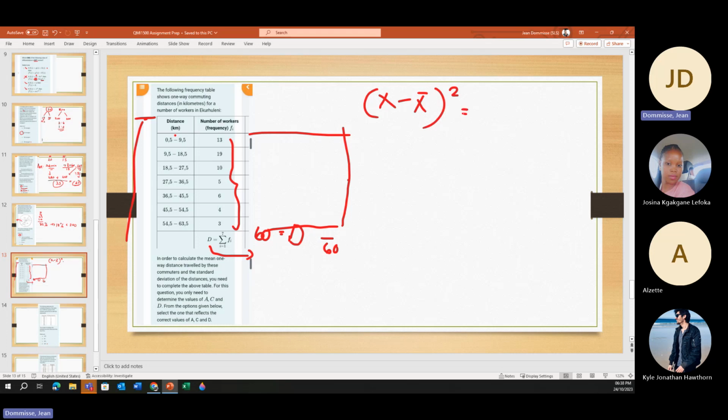Okay, that is also an interesting one. So I will quickly check for you guys on a frequency table how to do the other ones.